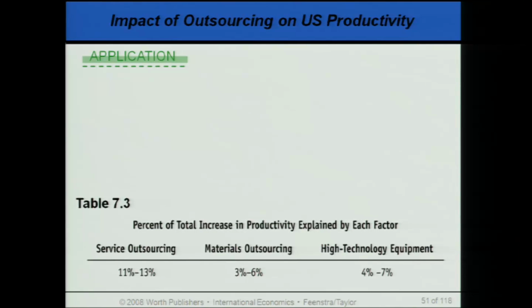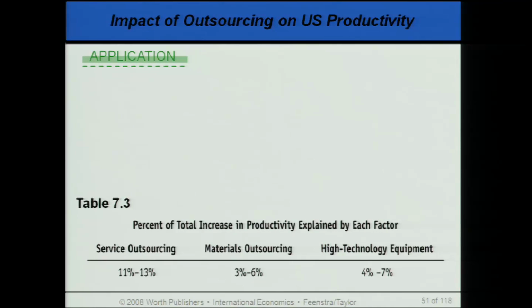The other is the impact of outsourcing on US productivity. If you bifurcate between service outsourcing, that is call centers, BPOs, the back office operations taken up by the Indians and the firms in the developing nations, the percentage of total increase in productivity explained by each factor is: service outsourcing contributes the most, 11% to 13%, material outsourcing contributes 3 to 6%, and high technology equipment, that is computers, contributes 4 to 7%.